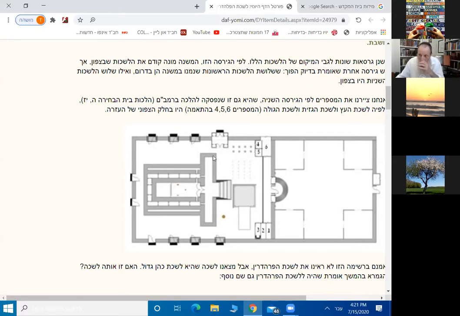This is called the Ulam. This is called the Kodesh. This is called the Kodesh Kodashim. This whole is called the Heichal. And the Mizbeach we're going to talk about later, and what's inside here. This whole entire big building is called the Mikdash.